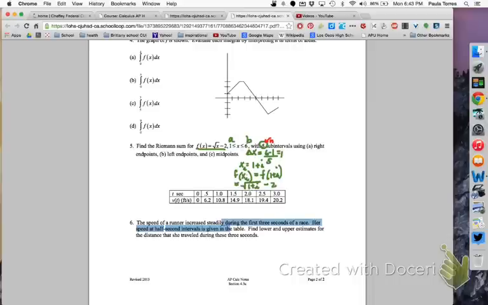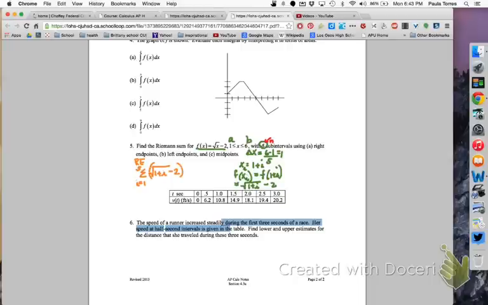And remember the formula for right endpoints is the summation of i equals 1 to n. I want to go all the way to the last marker for the right endpoints. And then I have to do the square root of 1 plus i minus 2.